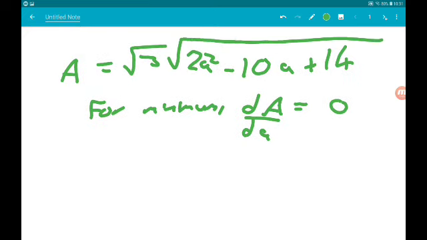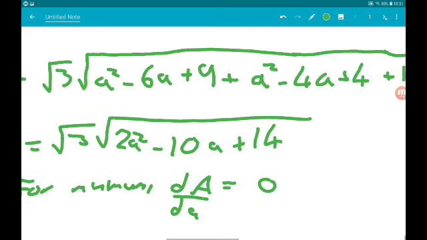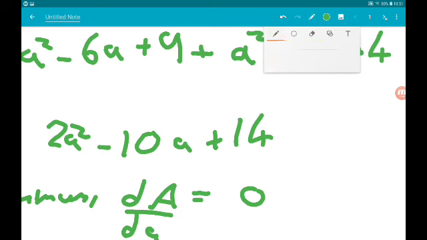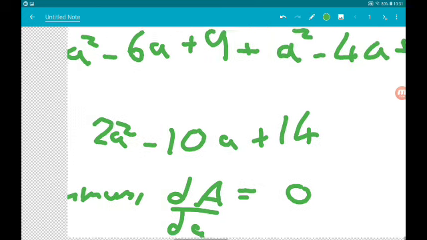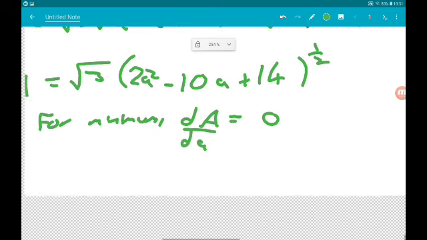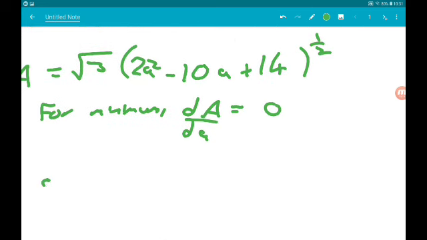So let's rewrite this as that quadratic to the power of a half. So dA by da is root 3.